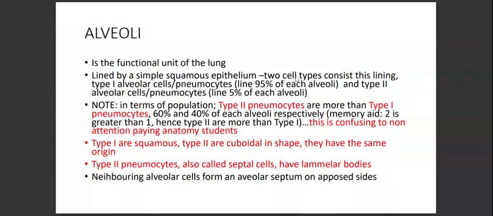How? It's very confusing. So just know that type 2 pneumocytes, in terms of population, are more than type 1. But in terms of lining of the alveoli, type 1 pneumocytes line 95% of the alveoli, and type 2 pneumocytes line only 5%. Okay? So 60% to 40%, that is a division which we have already talked about.